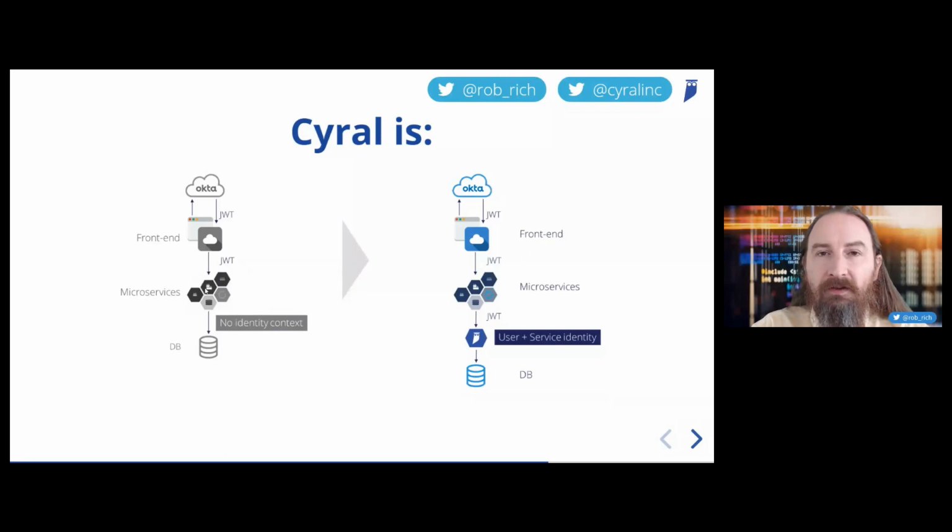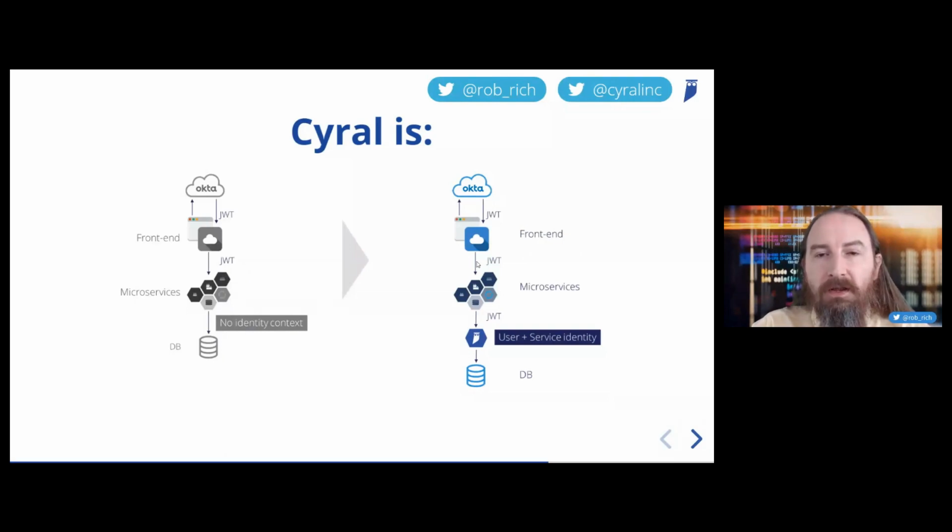If any service doesn't have the correct identity, we can go back to Okta to log in differently or to be able to access different groups. But once we get outside microservices to our data, then we lose that identity context because our microservices probably use that shared service account to access the data.